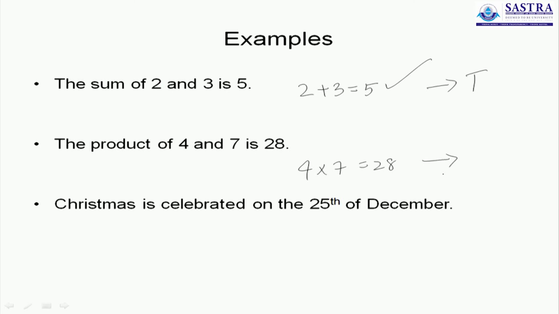The product of 4 and 7, the multiplicative answer, that is again 28, and that's true. The last one says Christmas is celebrated on the 25th of December, and we know that this is also true. So each of these statements 1, 2 and 3 have been assigned a single truth value. All of them are found to be true.